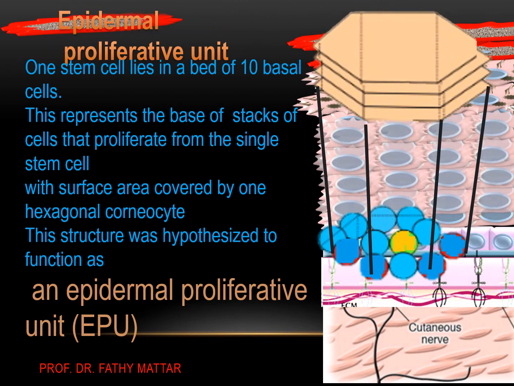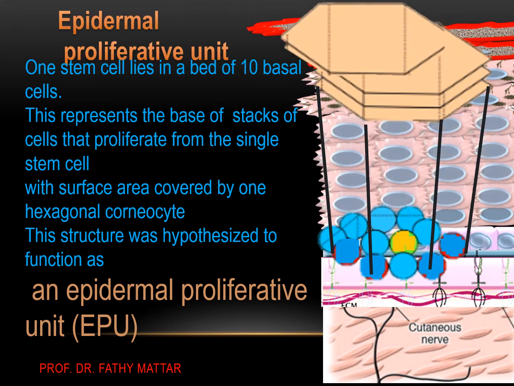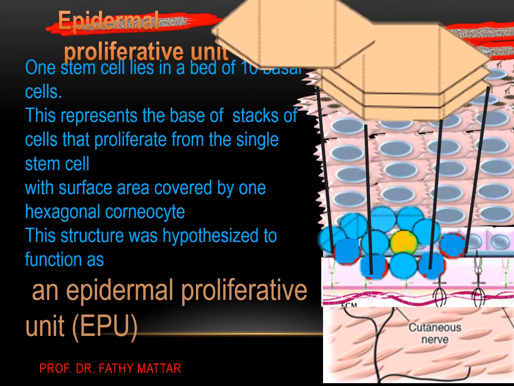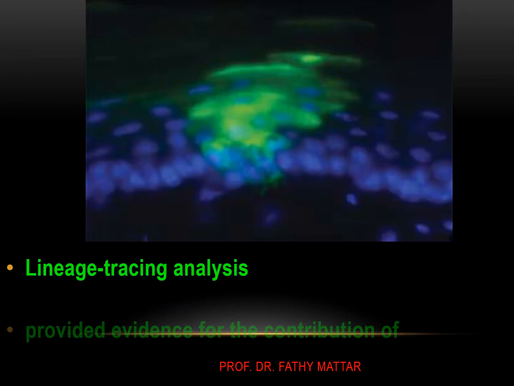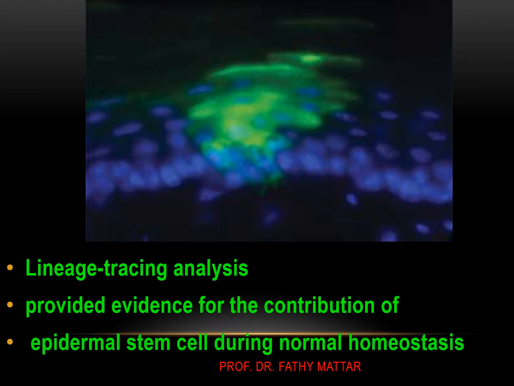The epidermal proliferative units could be identified by a special histochemical staining, by lineage tracing analysis, and this provided evidence for the contribution of the epidermal stem cell during normal homeostasis to form the unit which is called the epidermal proliferating unit.